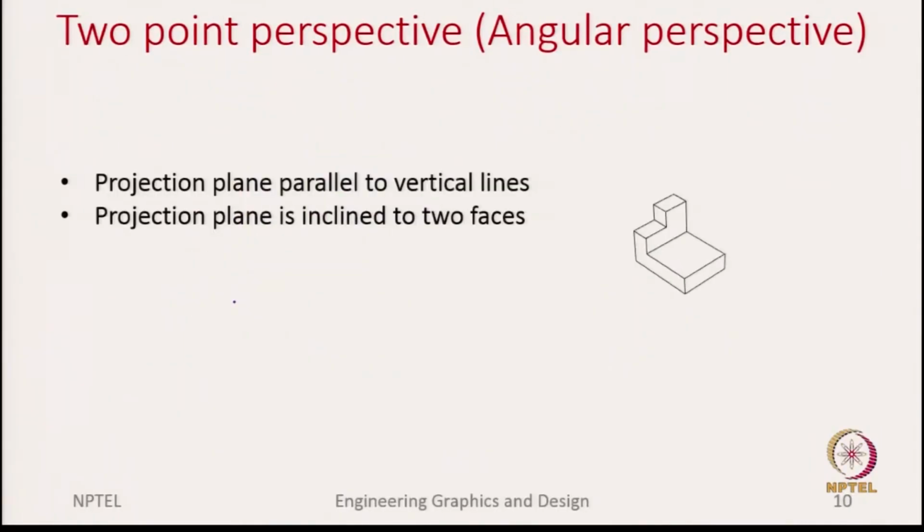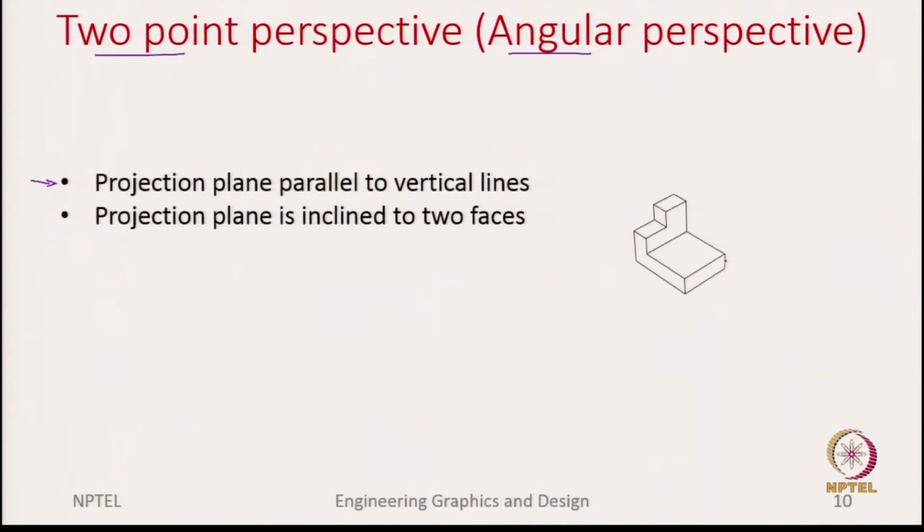Okay. Now let us look at the 2 point perspective, which we also call the angular perspective. Here we show the object we are looking at. There are two important points to know. First, the projection plane is parallel to the vertical lines.